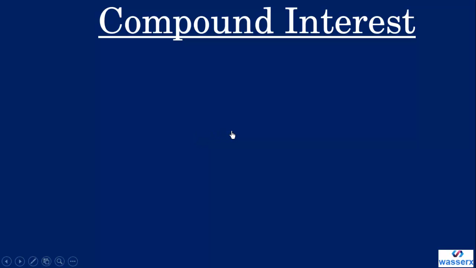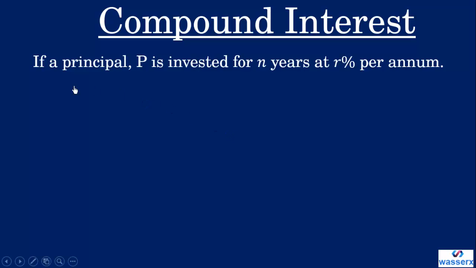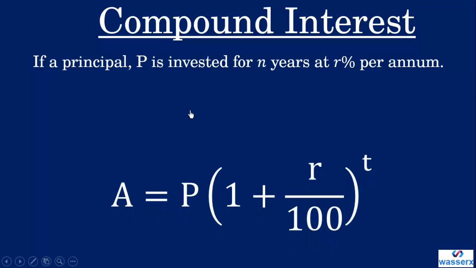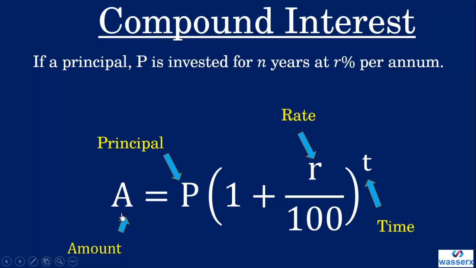So if a principal P is invested for n years at R% per annum, then the formula for calculating the amount of money is given by A equal P into 1 plus R over 100 exponent T, where A is the amount, P is the principal, R is the rate of interest, and T is the time in years.